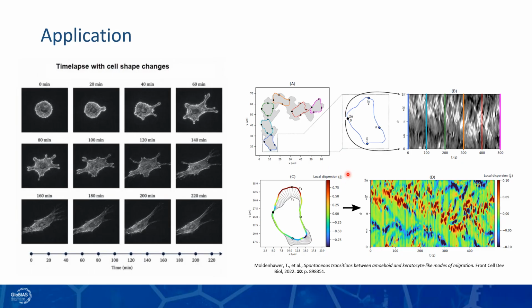Based on the movement of these markers, we can quantify local displacement along the cell boundary. In the resulting kymographs, warm colors indicate protrusive activity, whereas cool colors represent retraction, providing a spatiotemporal view of cell shape dynamics.